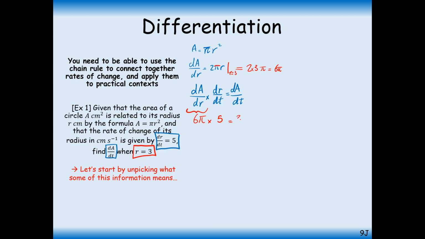Therefore, we'll end up with 30 pi. We can put it in a calculator if we need a decimal answer, but that is the rate of change with respect to time at a particular point where r equals 3. Okay, so that's that expression, that's this example.